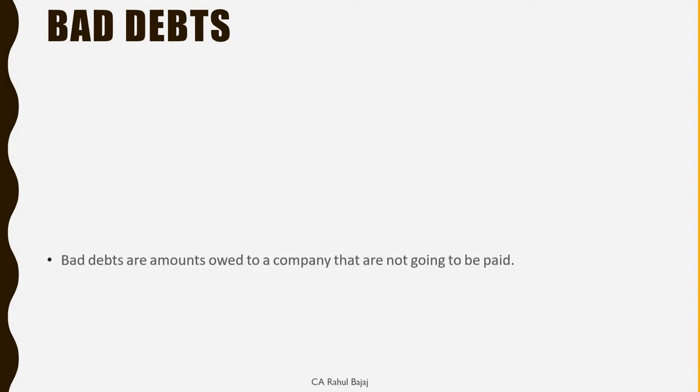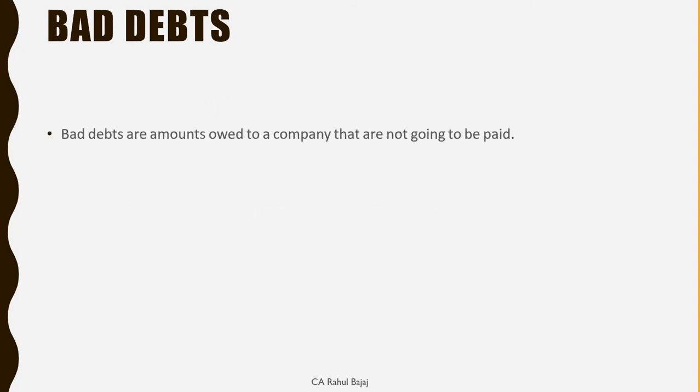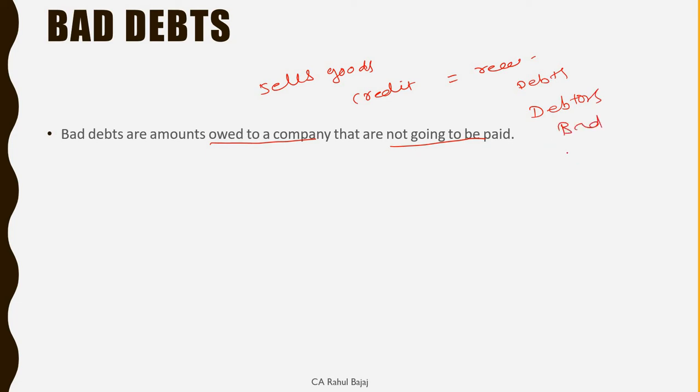Next point, bad debts. Bad debts are the amounts owed to the company that are not getting paid. When you sell goods on credit, that party becomes your receivable, your debtor, and that debt turns bad when they do not pay you.